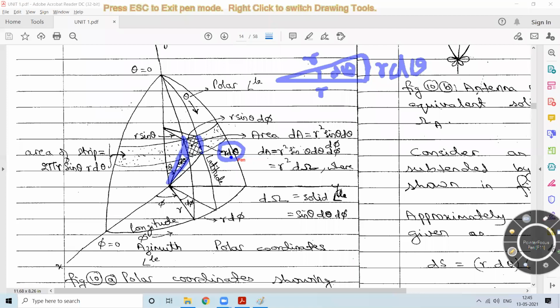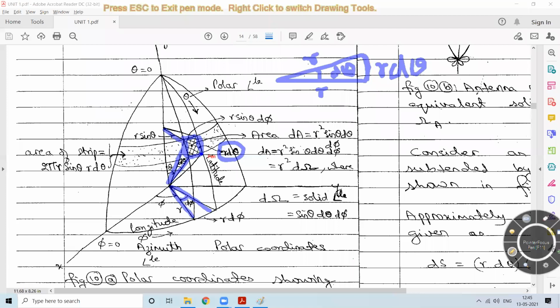So this side I got r into d theta, this one I got r sine theta. And how do I obtain this parameter again with respect to this one? You are considering phi up to this point, and you're increasing it by a slight amount, delta phi. I want to measure this side. If I measure at this point right here, it will be the radius into the angle, so r into delta phi. But when I go to this point, this one varies as a function of theta also.